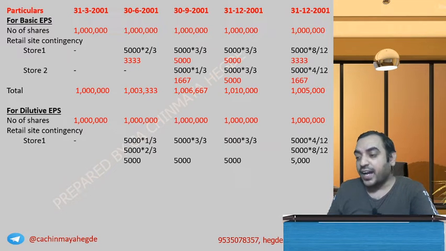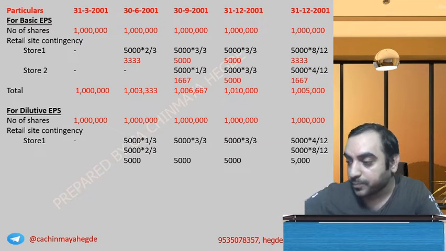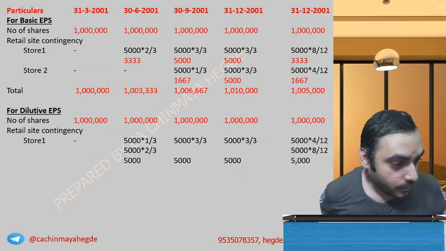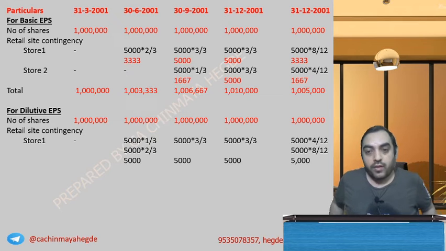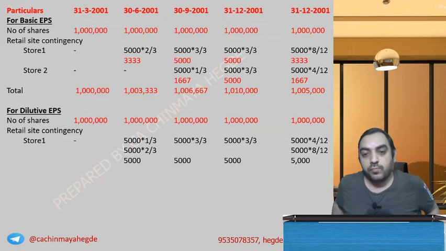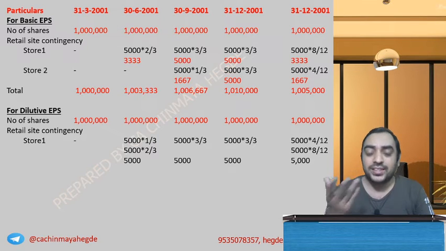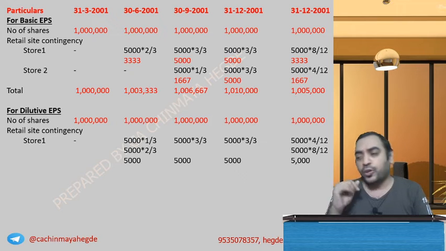In fact, if you consider, that's why the standard also says in the basic dilutive EPS, don't worry about the number of months. From the beginning only you take the full 5,000.